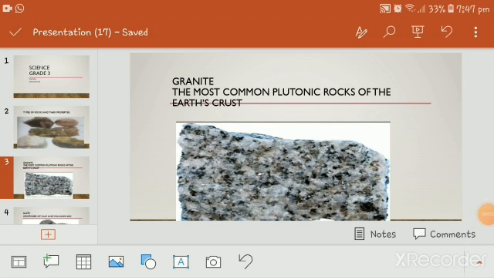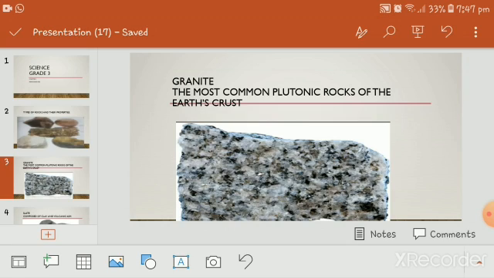Okay, the very first rock which I am going to tell you about is granite. Granite is the most common plutonic rock of the earth's crust.